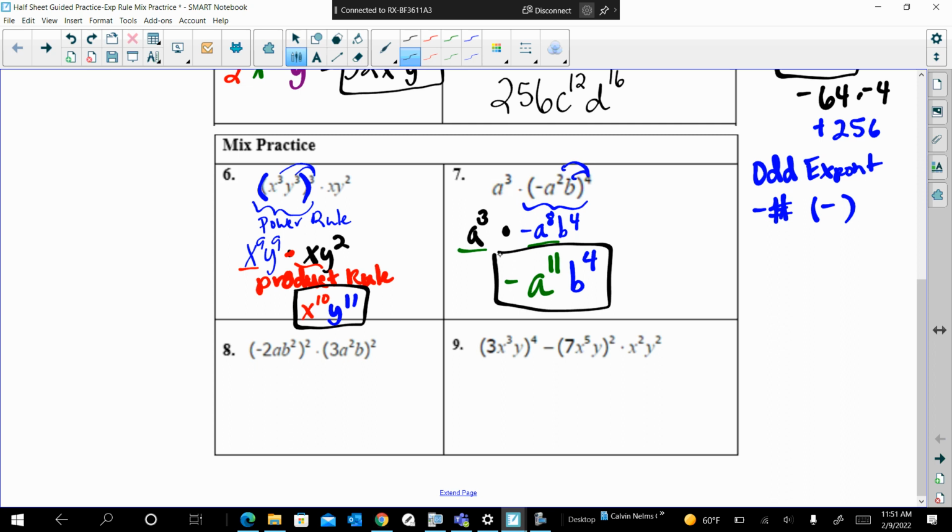Well, actually, because we distribute the 8, I'm sorry, you're right. This 8 is an odd number, so this would end up being positive. That's what I was confused about. I think of negatives like negative 1s in front, like a coefficient of a negative 1.